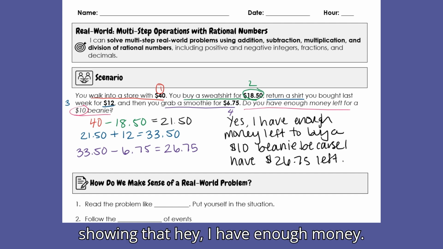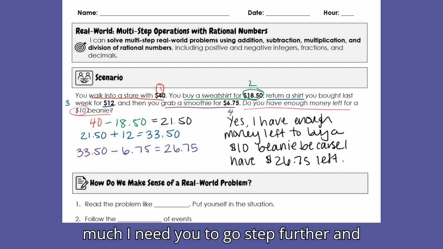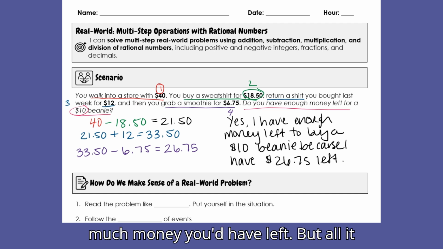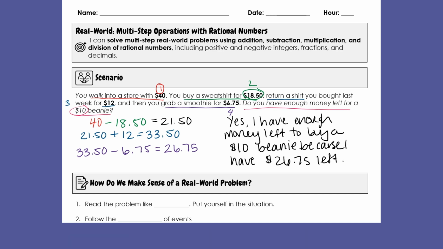Your sentence might look a little bit different, but I'm showing that I have enough money, this is how much I have, and this is how much I need. You could go a step further and say how much money you'd have left after you buy the $10 beanie. But all it simply asks is, do you have enough money? And the answer would be yes.